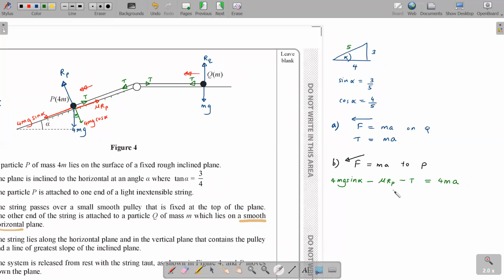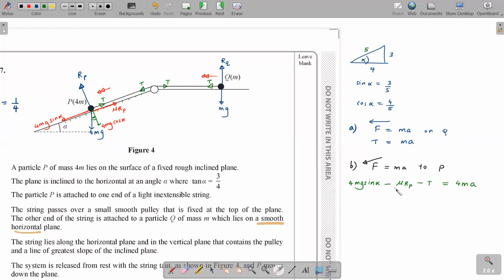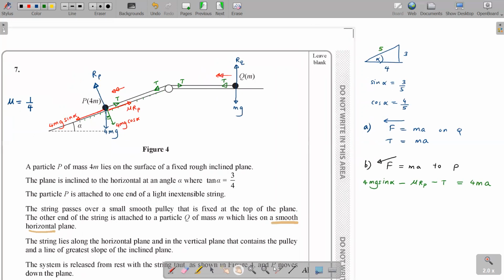So before we move forward, shall we input the R P value and the mu value? The mu value was given to us in the sum as 1/4. What do you think about the normal reaction P? Even though the object is moving along the plane downwards, perpendicular to the plane your object is in equilibrium because it's not trying to move up or down. So normal reaction P is equal to 4mg cos alpha.